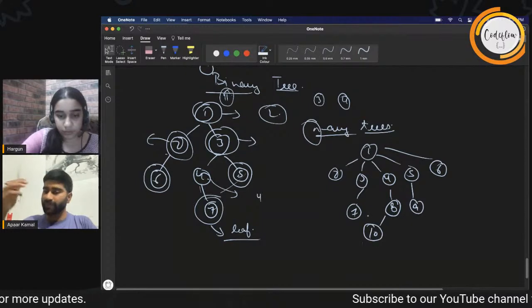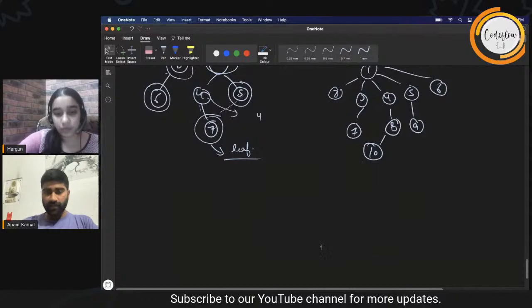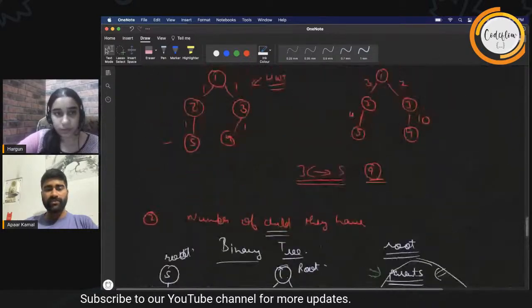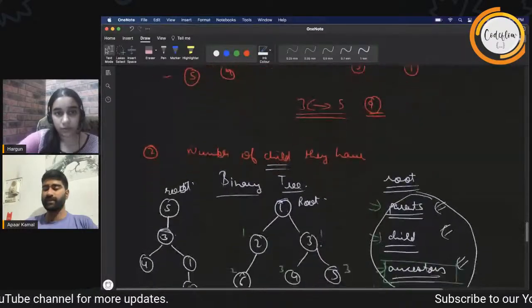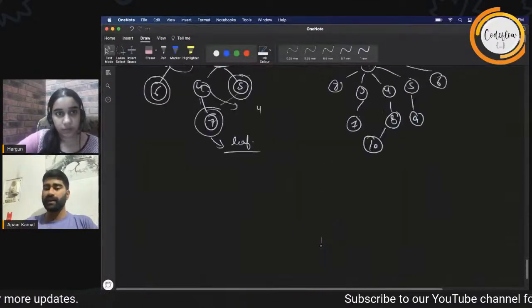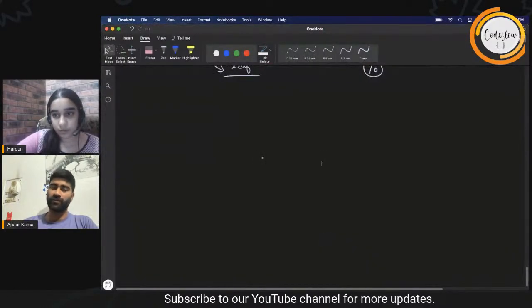Always remember, guys, it should be connected and it should not contain a cycle. That's a tree. Cool. So here we have understood the types of trees on the basis of weights, on the basis of the children they have, right? And on the basis of their edges, whether they're directed or not.